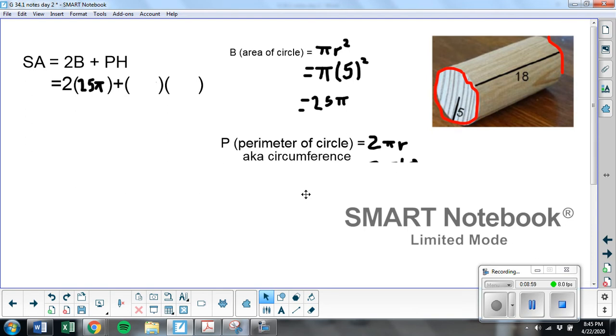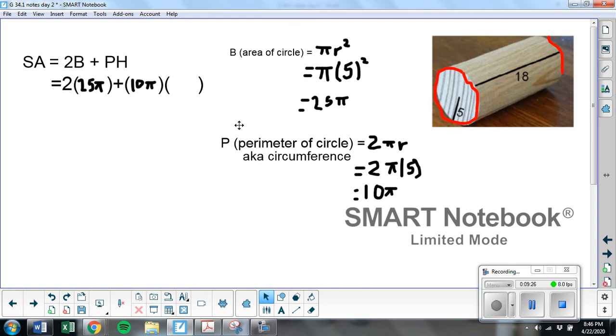Formula 2 pi r. Again, you can always pause the video in case I go too fast and you're still writing. What's r? My radius is 5. 2 times pi times 5 would be 10 pi. Again, just leave it as 10 pi. I don't need a decimal here and a decimal there.